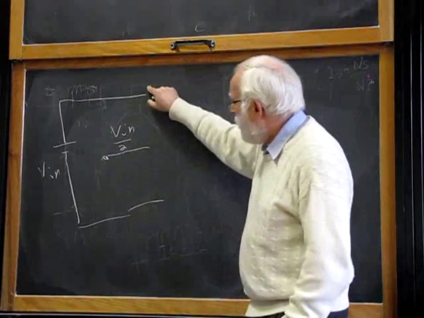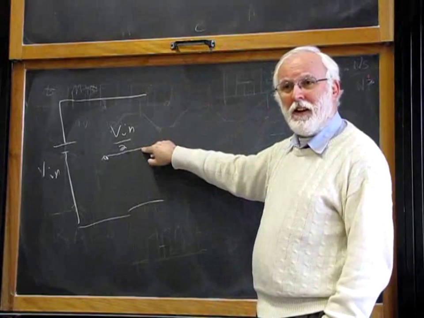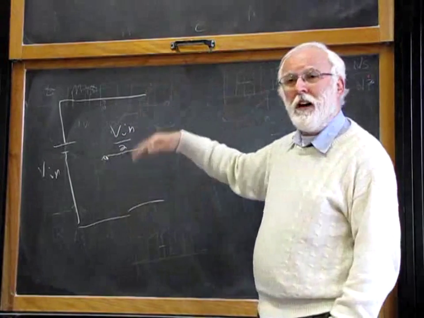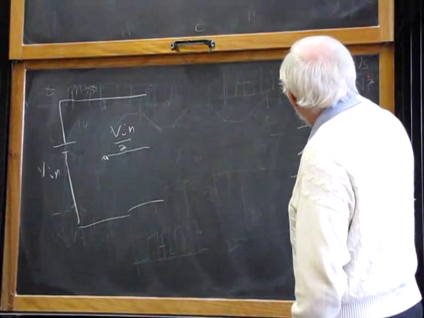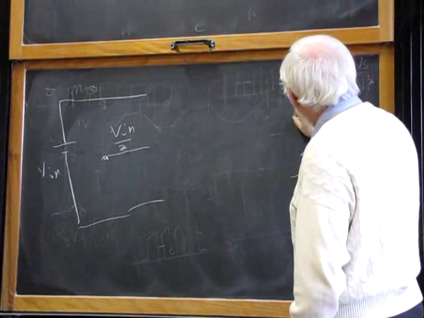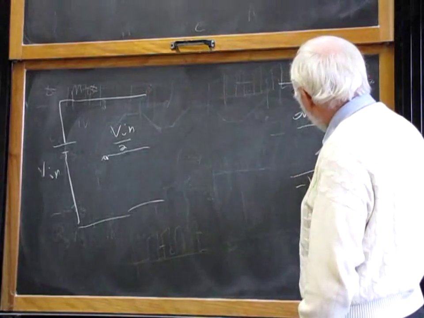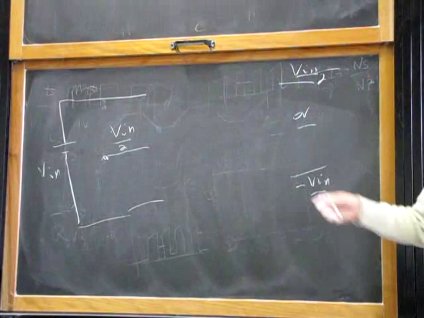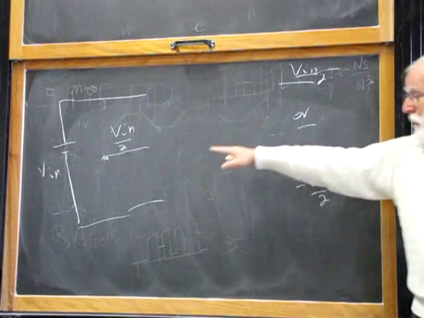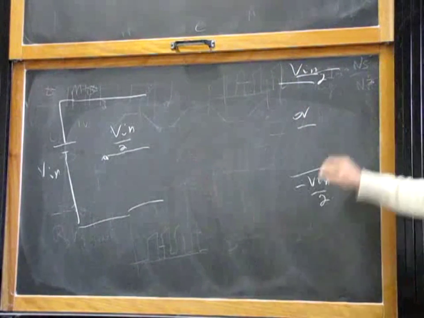So we have two voltages, VA and VA over 2. Or if we move our reference, we could say we have VA over 2 over here, we have 0 volts, and we have negative VA over 2. Probably this is easier to see. But we will start from this situation.